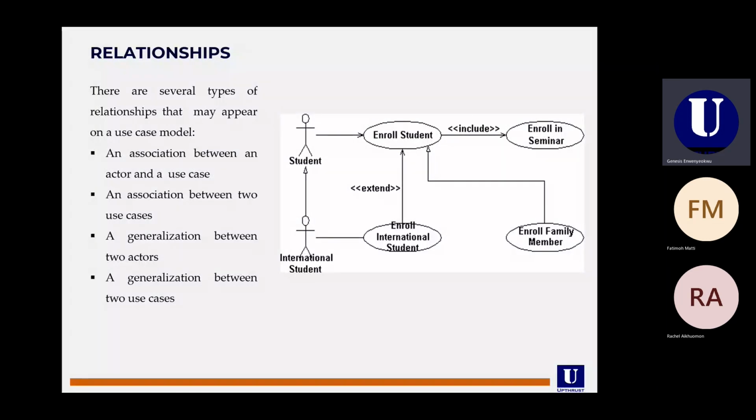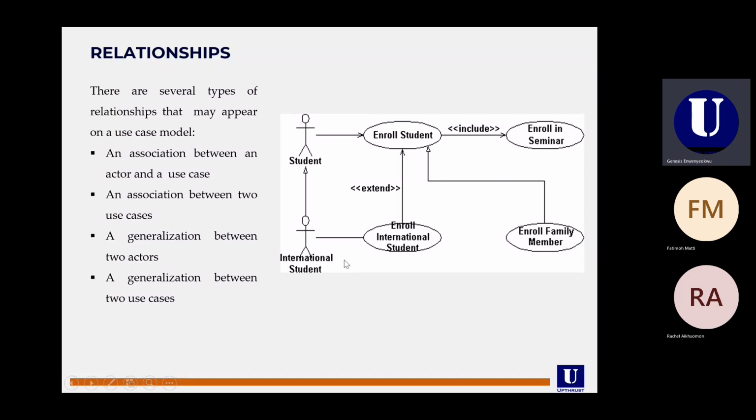What do I mean? So you have an actor and also another actor. This is a generalization to show that the relationship between this actor and this actor is a generalization relationship. What does generalization relationship mean? It basically means that the actor below, this international student, can do everything this primary or parent actor can do.